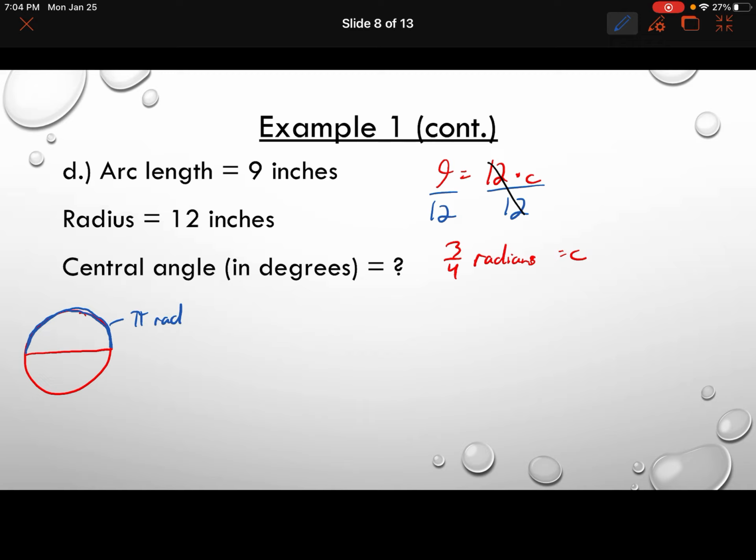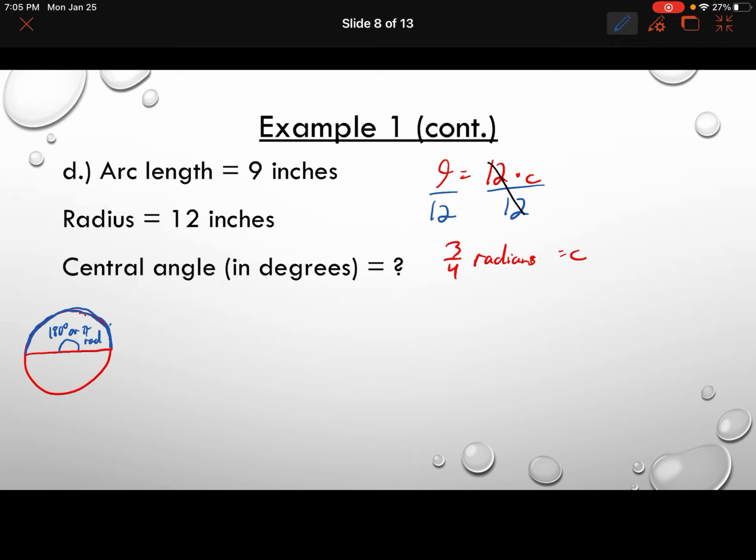And we also know that that corresponds to a central angle of 180 degrees. So pi radians, or 180 degrees, is half a circle. Why is that important?